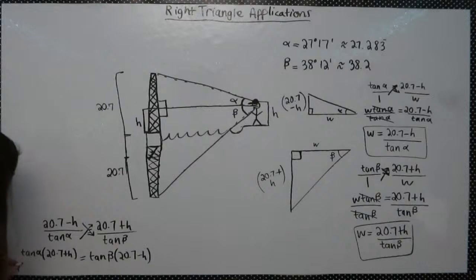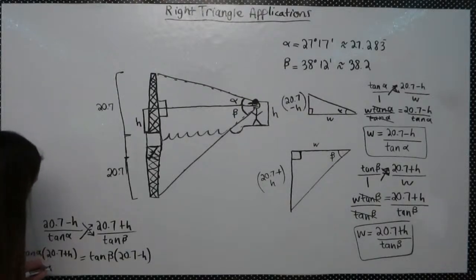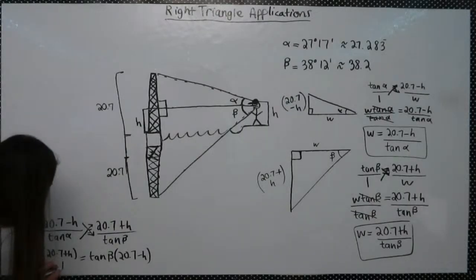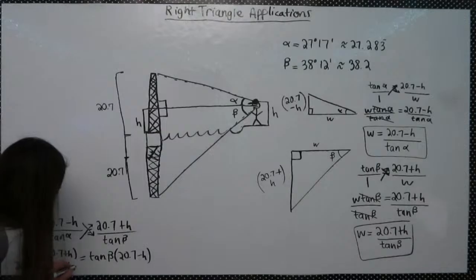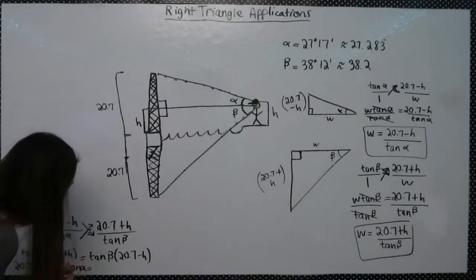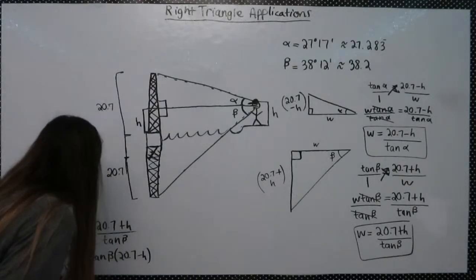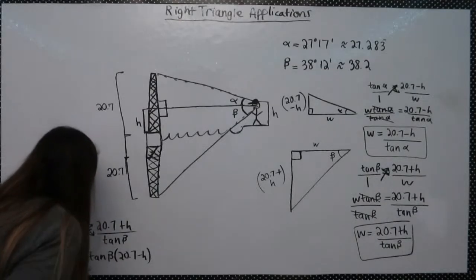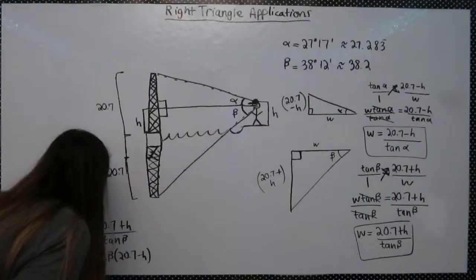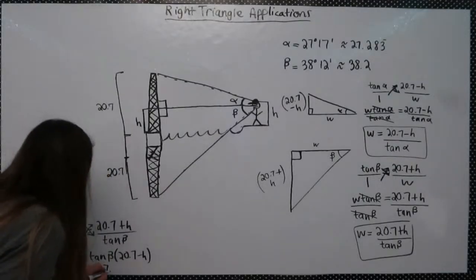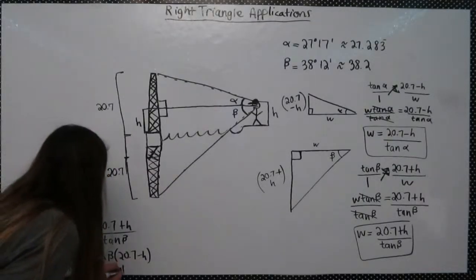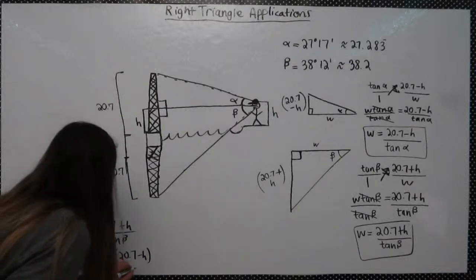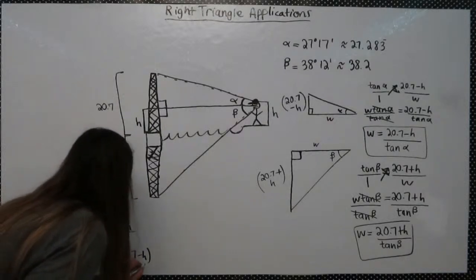So you'll say 20.7 tan alpha plus h tan alpha, and then here you've got 20.7 tan beta minus h tan beta.